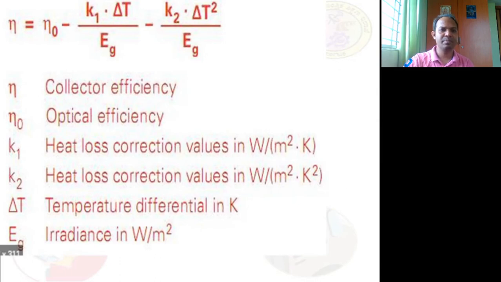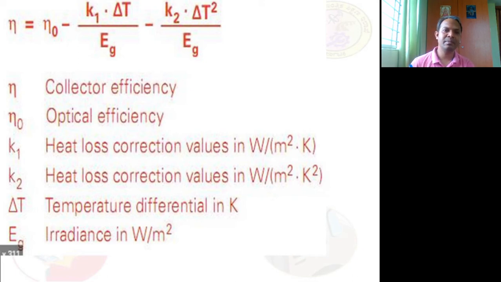Now the expression is being given here. The collector efficiency is equal to the optical efficiency minus K1 into delta T divided by Eg, minus K2 into delta T square divided by Eg, where K1 is the heat loss correlation value in watts per meter square degree Kelvin, and K2 is the heat loss correlation value in watts per meter square degree Kelvin square.